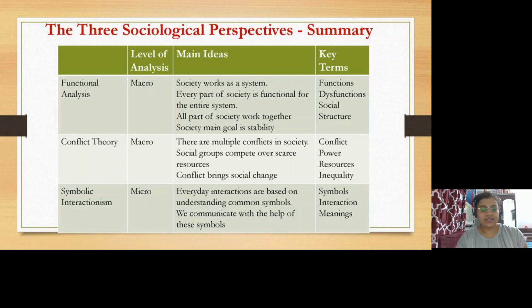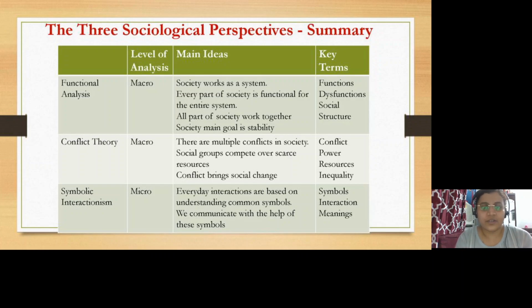Functional analysis believes in stability, and that society works in a systematic manner. Every part of society is functional and they are interrelated with each other. Key terms under functional analysis are functions, dysfunctions, and social structure.